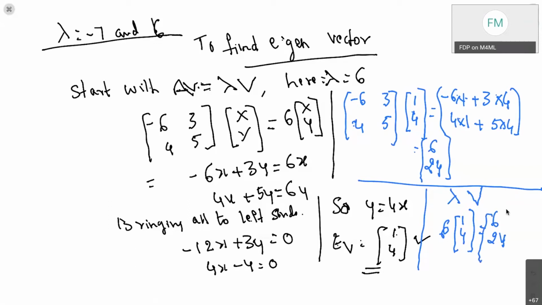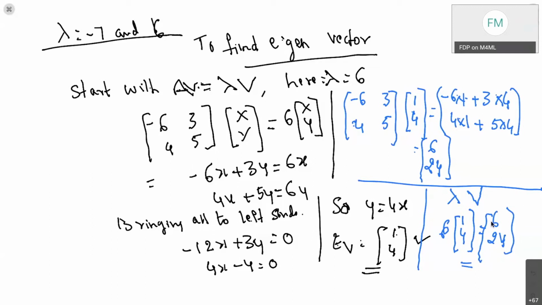Whatever eigenvector we have obtained is basically the same as, or a multiple of, the eigenvector when we find an eigenvalue as well as an eigenvector of any matrix.